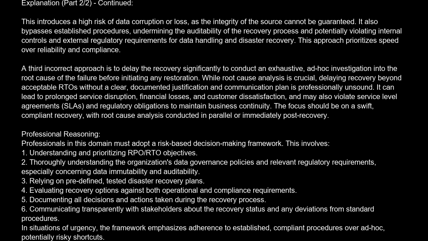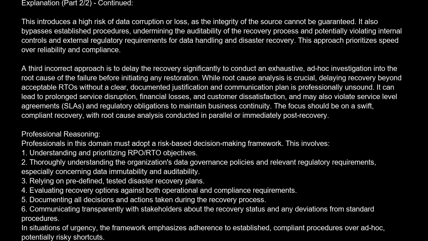Professional reasoning. Professionals in this domain must adopt a risk-based decision-making framework. This involves: 1. Understanding and prioritizing RPO/RTO objectives. 2. Thoroughly understanding the organization's data governance policies and relevant regulatory requirements, especially concerning data immutability and auditability. 3. Relying on predefined, tested disaster recovery plans. 4.